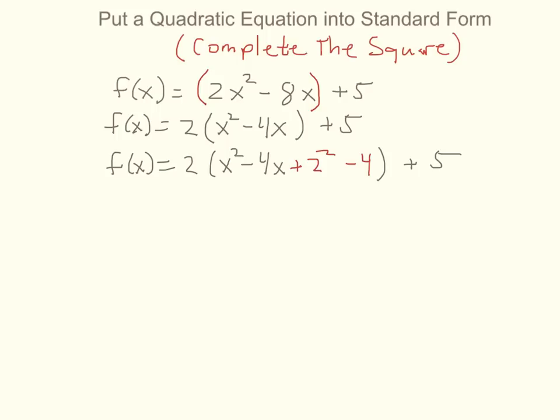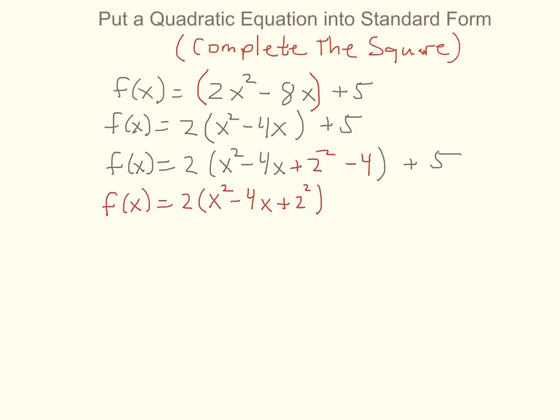But the problem we have is that 2. So what happens when I do that? I'm going to put in red, f of x equals 2 times the quantity of x squared minus 4x plus that 2 squared.